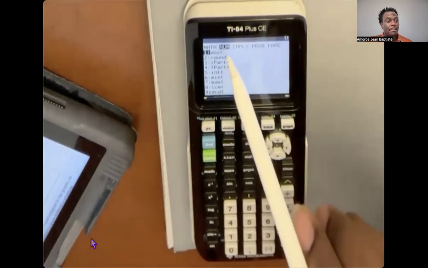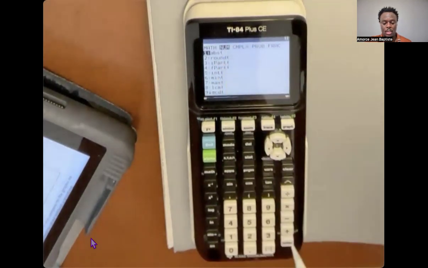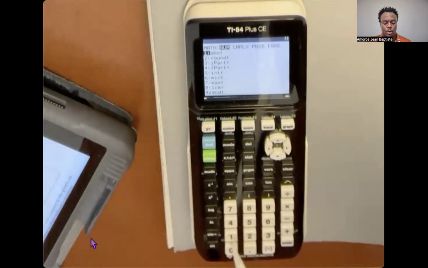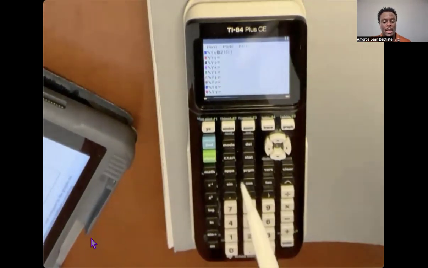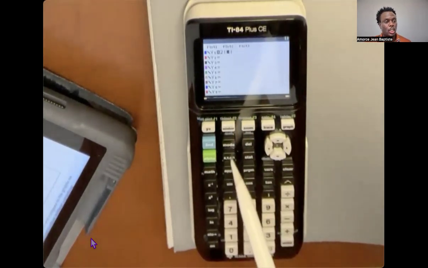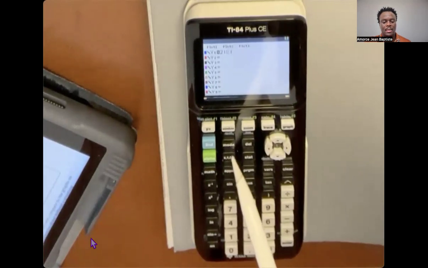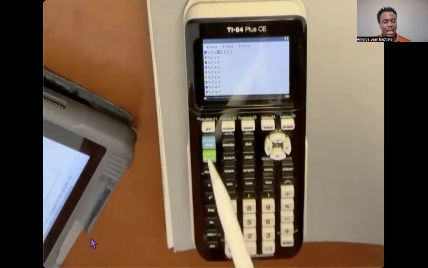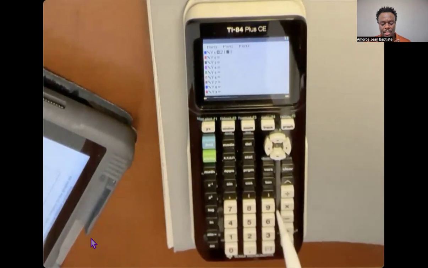The num tab gives you, the first option is abs. You can either press enter or push 1 for the first option. So I get the absolute value. And how do I type X into it? X is found under this button that has X,T,theta,n, or you can push the alpha, and then the green letters will be activated, so you can type them in.